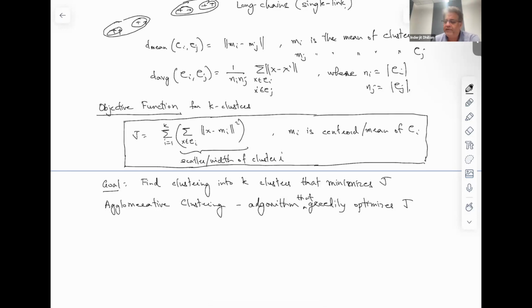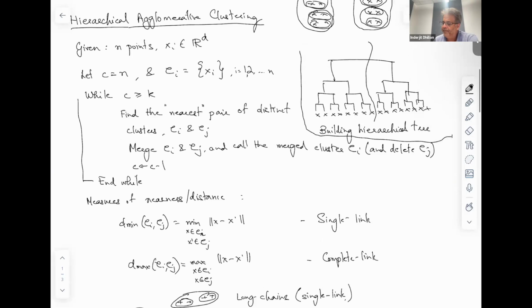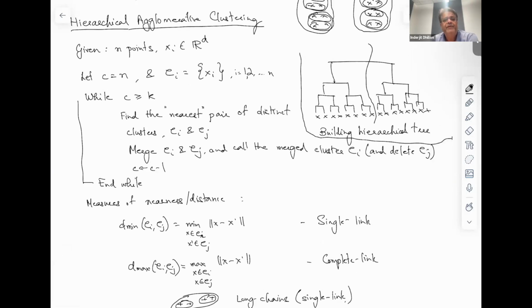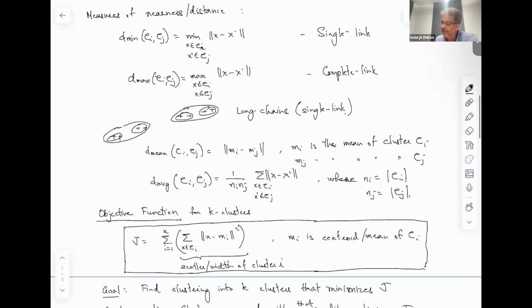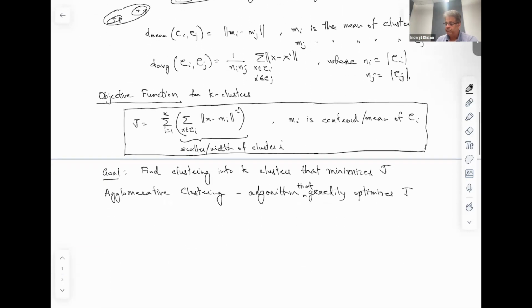At every step of the algorithm, we are merging two clusters into one. So we can retain the same structure, still hierarchical agglomerative. But for the criterion of finding the nearest pair of distinct clusters, I can be a little more principled and say: let me try to minimize J.